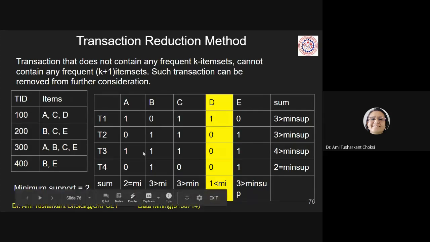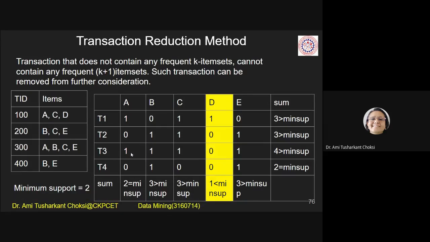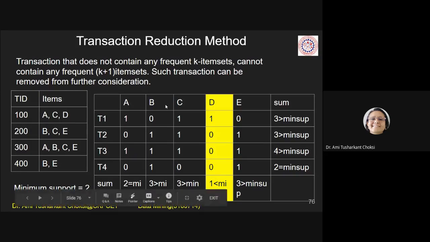It is the total of each column, right? For A, 1, 0, 1, so 1 plus 1 is 2. For B, it is 1 plus 1 plus 1 is 3, right? That way, this is 1, 2, 3. Here only 1 is there. Fine. Here 1, 2, 3 is there, right?